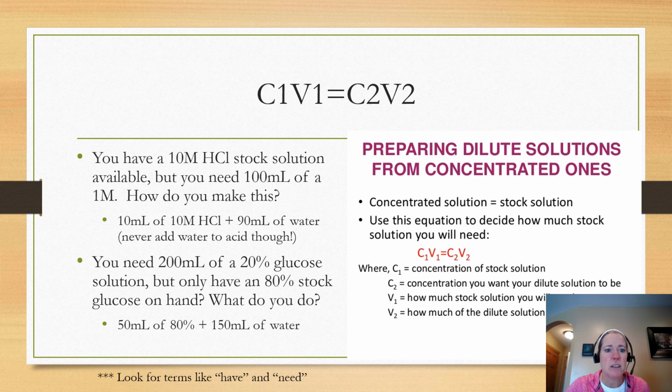So you put the 100 times 1 on one side and then the 10 times X on the other side. In this example, you need 200 mL of a 20%, but only have an 80% stock glucose on hand. Here you take 200 times 20 equals 80 times X and solve, and you'd get 50 mL of the 80%. Look for terms like have and need for these equations.